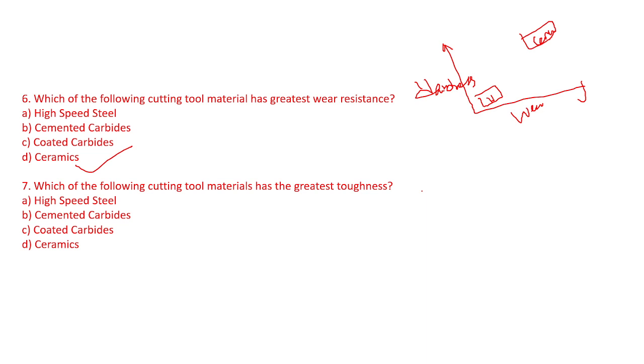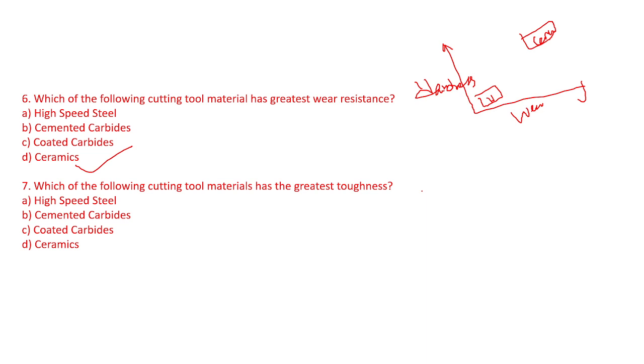So high speed steel should have the highest toughness compared to the other cutting tool materials being used. Then we can even compare hot hardness to toughness. Those are the properties we need to consider while choosing a cutting tool material: toughness, hardness, and wear resistance.